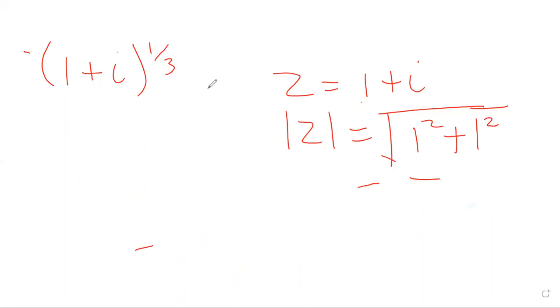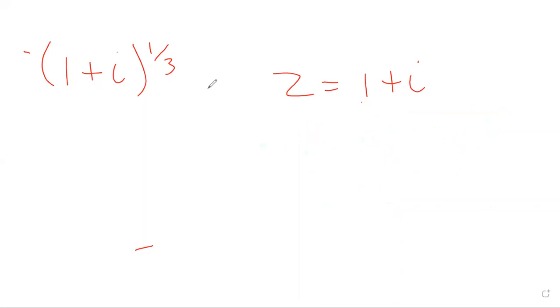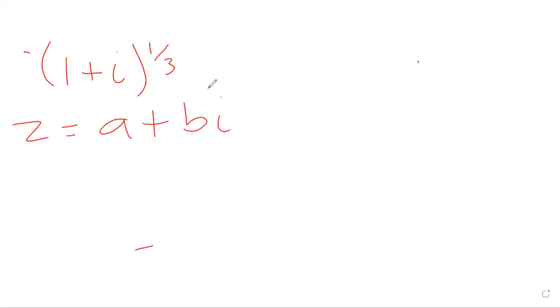Right now, since we are able to find our principal argument and our modulus, we are going to the polar form of writing complex numbers. Complex numbers can be written in the polar form. In the rectangular form, z is equal to a plus bi.